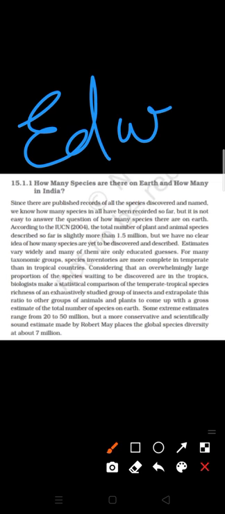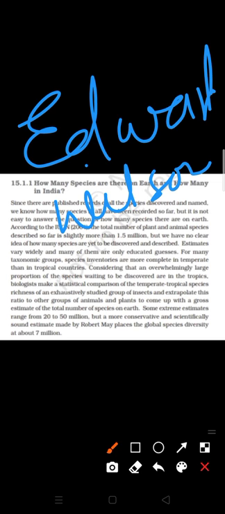Edward Wilson, please remember this name. He told us that different types of varieties are present on earth, and that's why we use a term for it, known as biodiversity.